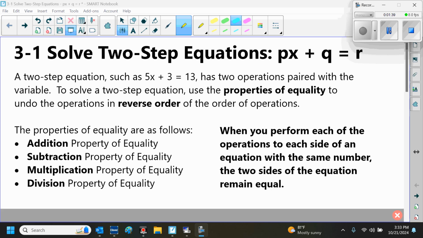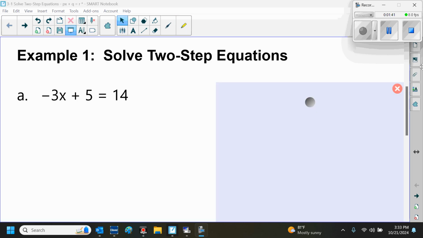Okay? So example 1, make sure you write this down. Negative 3x plus 5 is equal to 14. Now, we are going to use inverse operations and our properties of equality to isolate our variable. Now, I'm going to share with you a method that I've been using for a while, and it's called the cover-up method.